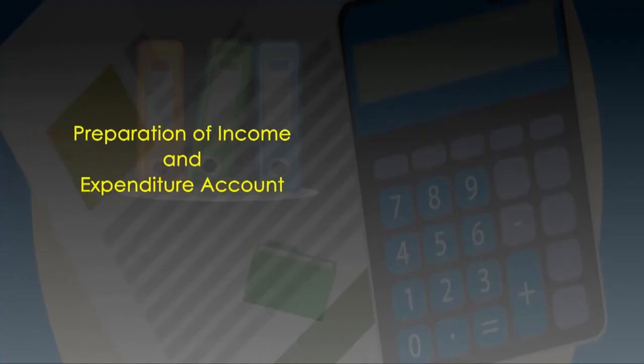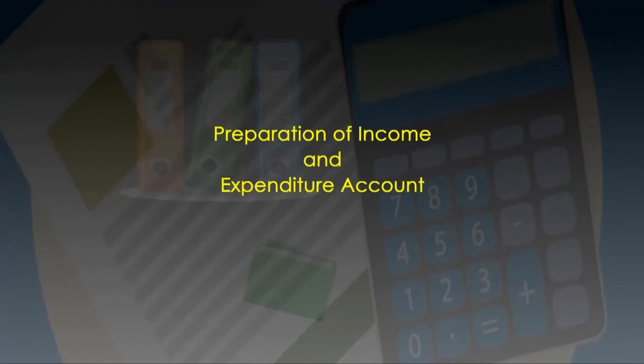Income and expenditure account is a nominal account. Therefore, the rule of nominal account, that is debit all expenses and losses and credit all incomes and gains, is followed while preparing it.